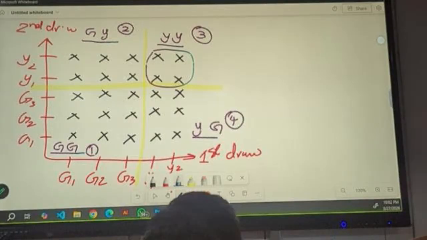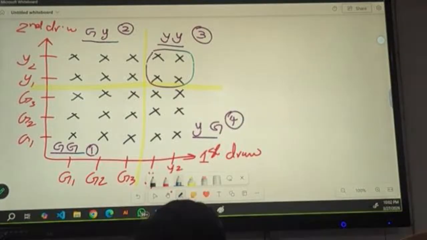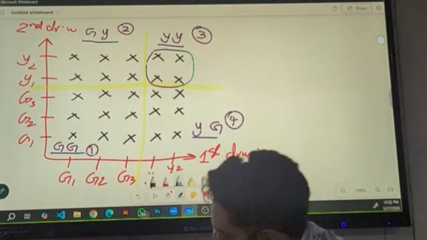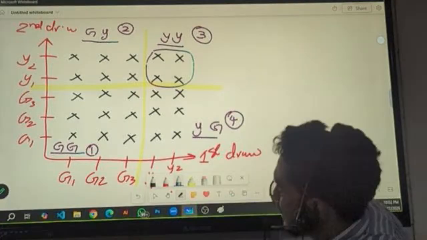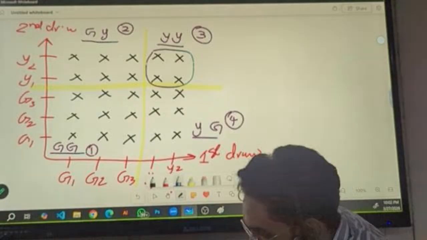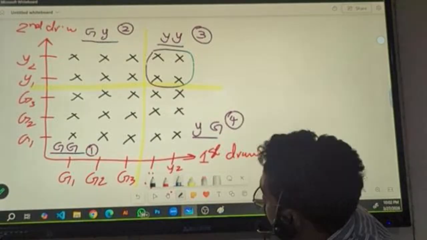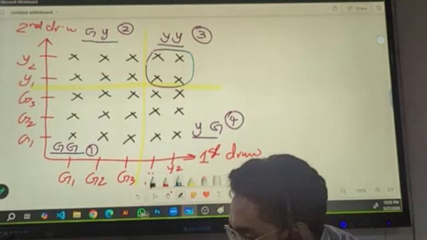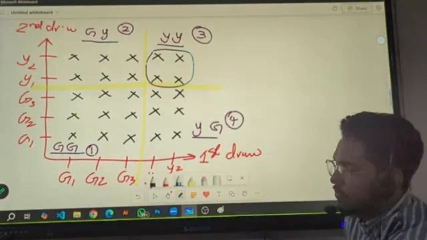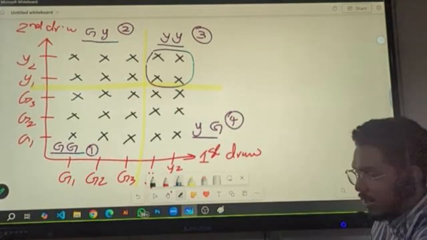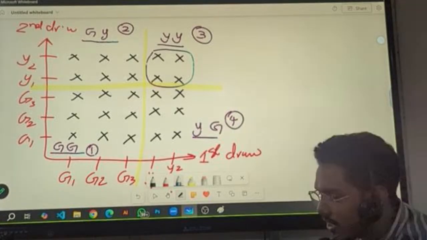Now I'll ask you a question, something different. If you have understood this properly, you should be able to get the answer. Listen to the question properly: what is the probability to obtain the same color in both draws? I'm not mentioning a specific color here.